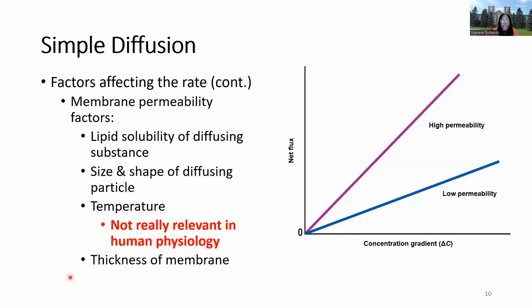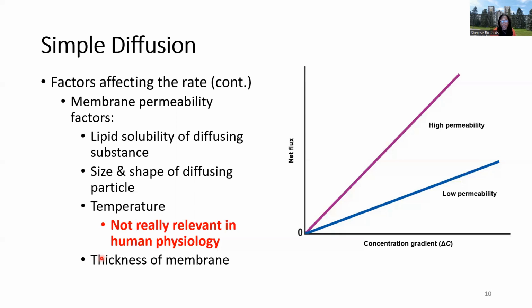Okay, the last factor that influences the membrane permeability is the thickness of the membrane, right? So if we have a very thick membrane, we're going to lose the ability or decrease the ability for particles to move through at a faster rate. This is why in areas like the alveoli of the lungs, in areas where we need to have gas exchange occurring, the membrane has to be very thin.